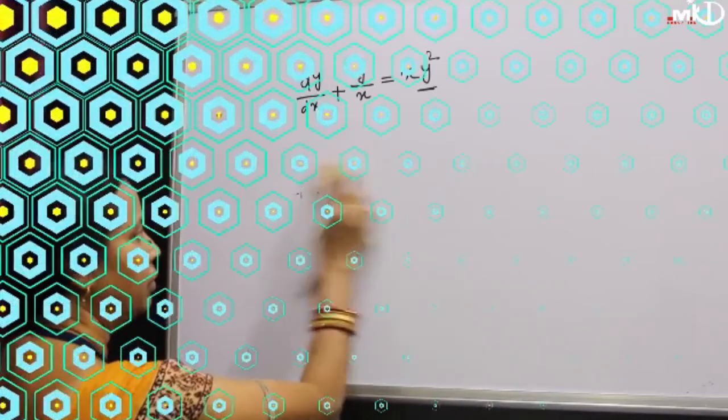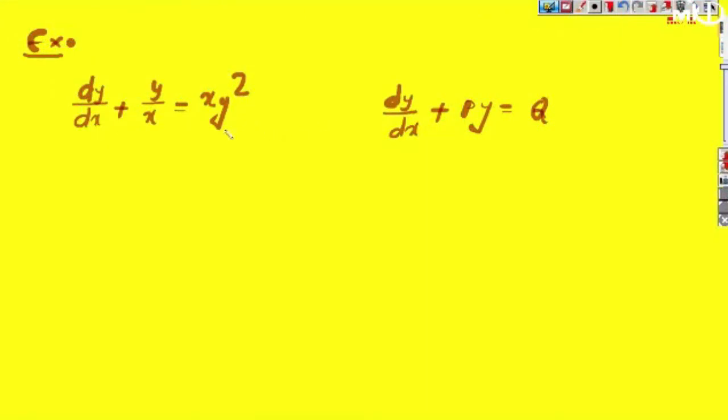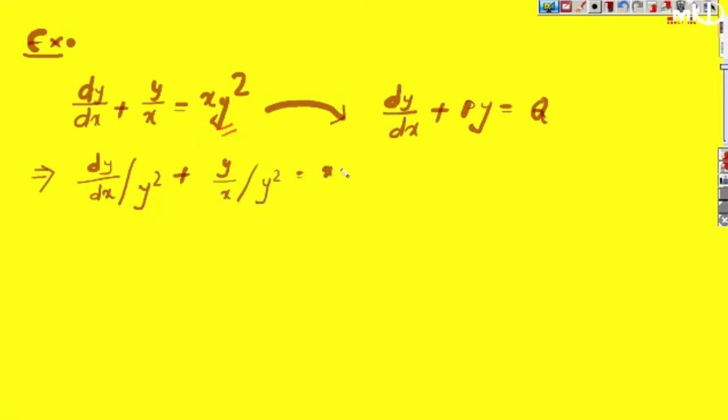Okay. So now divided by y square, the equation becomes 1 by y square dy by dx plus 1 by xy is equal to x.